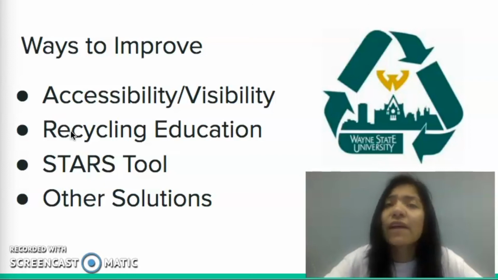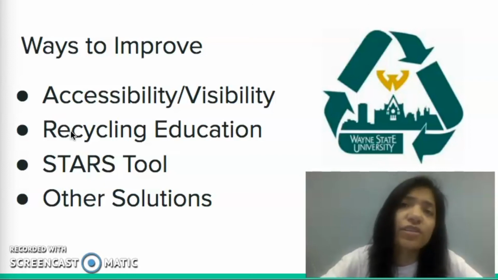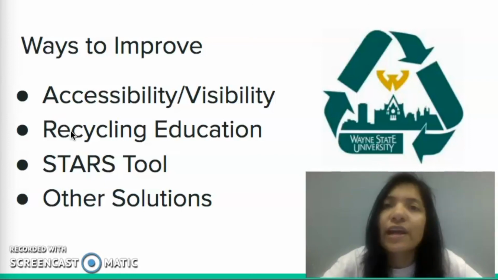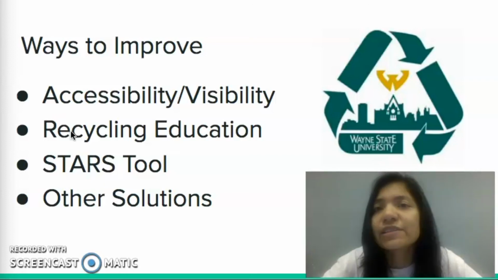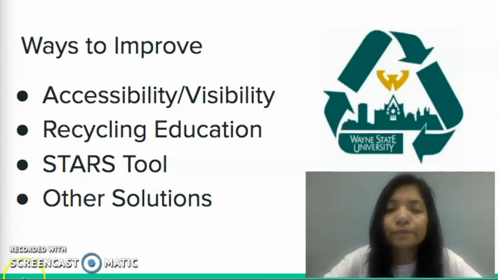Another idea we have thought about is reaching out to the Department of Engineering and letting this be a research-based position where we can come up with different ideas and get college credit for it.